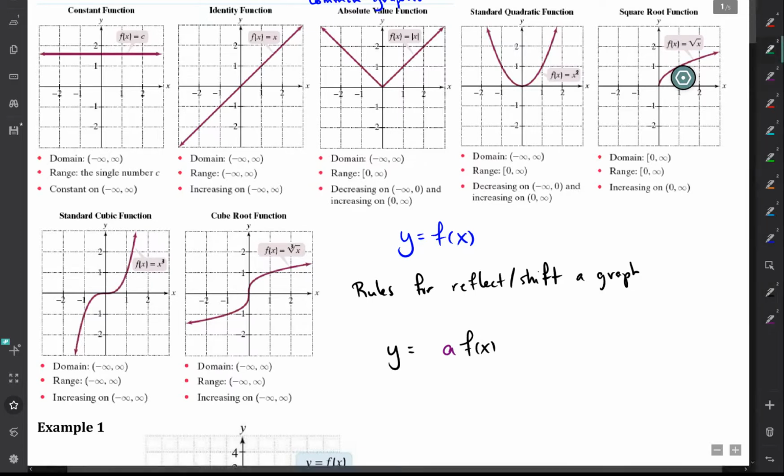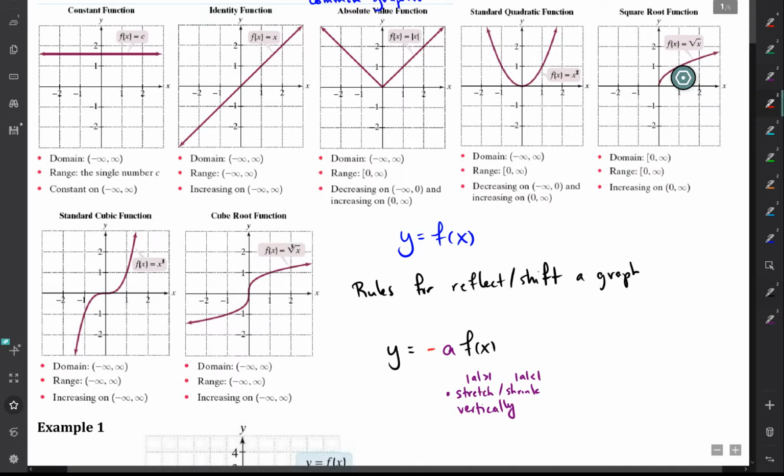So this is stretch or shrink vertically. It's a stretch if the absolute value of a is bigger than 1, and it's a shrink if the absolute value of a is less than 1. Okay?